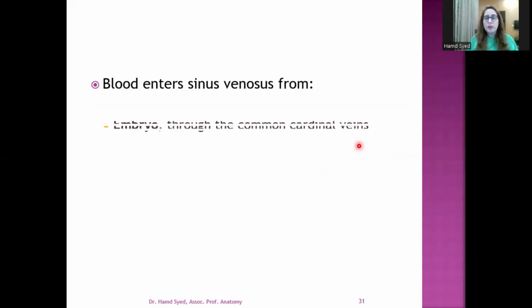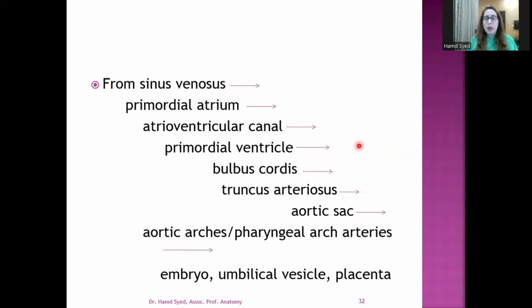So the blood that enters the sinus venosus is entering from the embryo, placenta, and yolk sac, and in the heart tube from the sinus venosus, it is moving through the primordial atrium and AV canal to the primordial ventricle, and then bulbus cordis, truncus, aortic sac, eventually into the aortic arches, and then again to the embryo, the yolk sac, and the placenta.